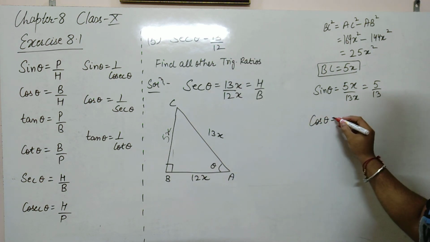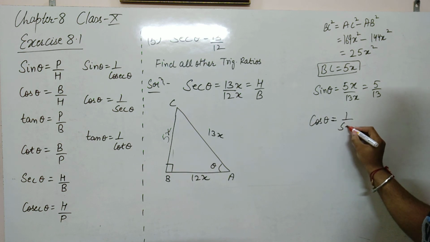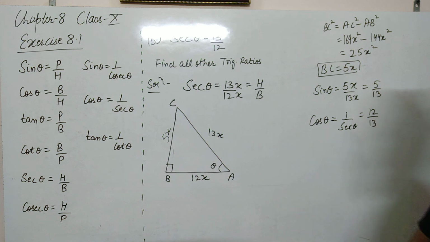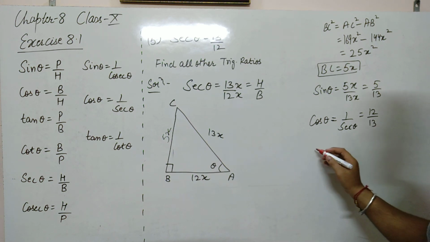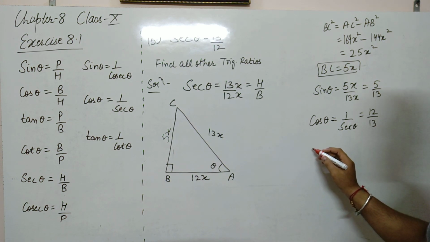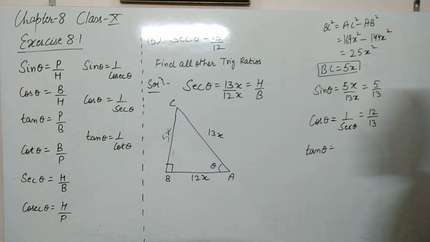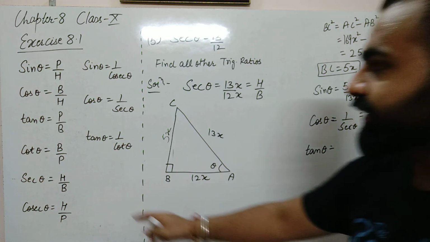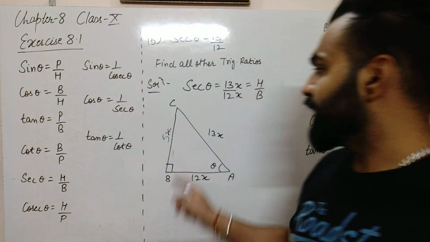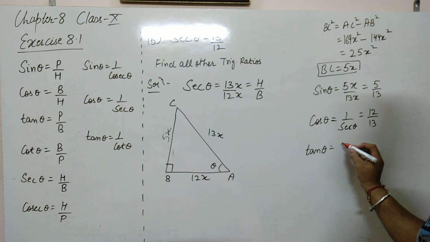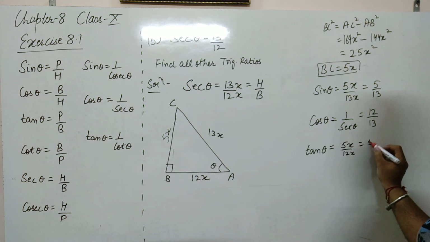So we can write cos theta is 1 upon secant theta. So this will be 12 by 13. Now find tan theta. Tan theta is P by B. So this will be 5x by 12x. This will be 5 by 12.